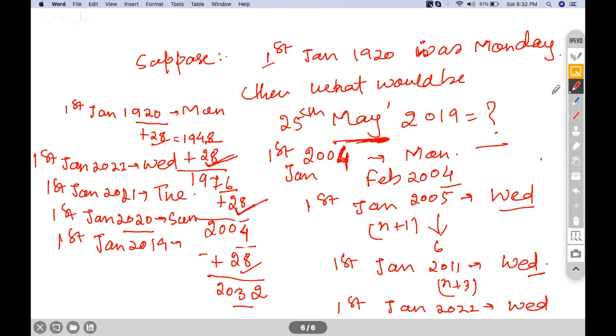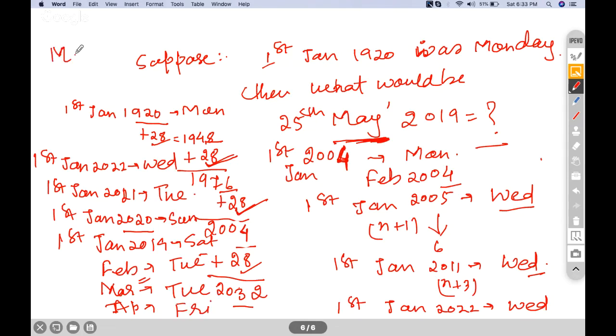And then you can move forward if you have problem with moving backward. So Feb would be Saturday plus 3, Tuesday. Then March would be, because this is non-leap, Tuesday. April would be plus 3, so Tuesday plus 3 is Friday.